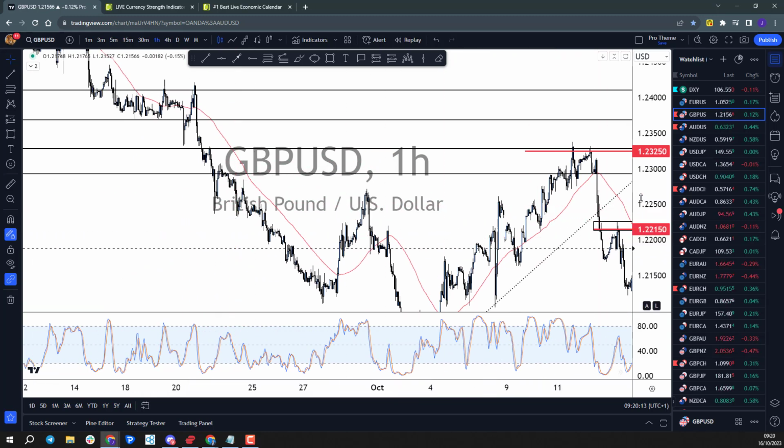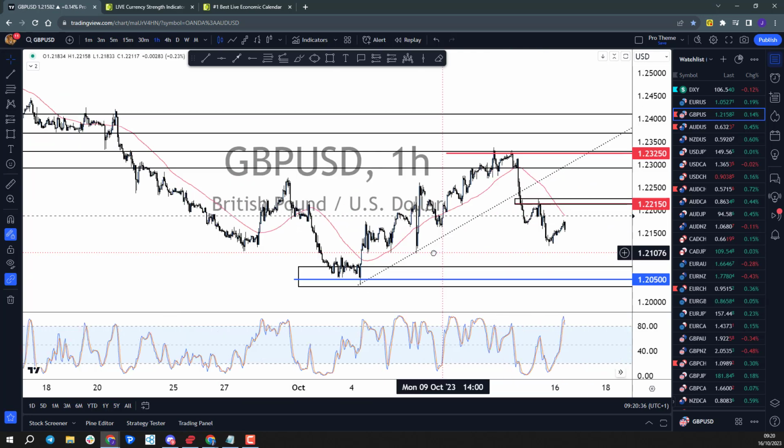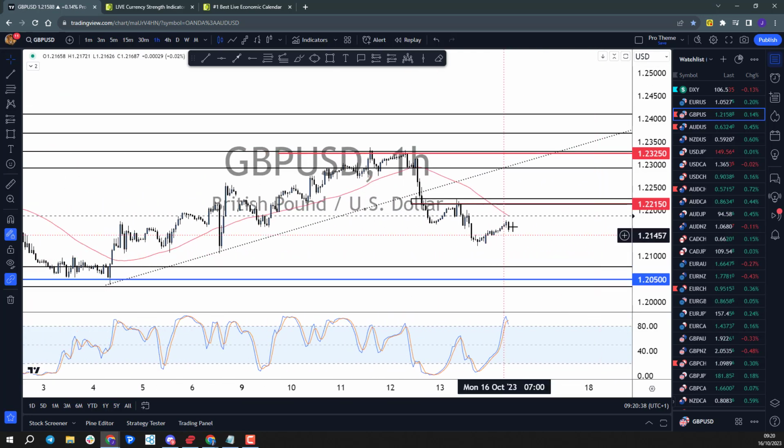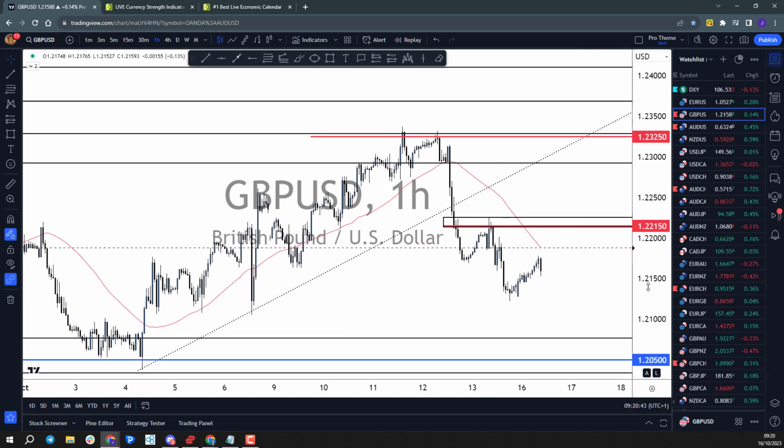If we just have a little look back recently, when we do see price break below the averages, let's say we had the consolidation here, we break below, price can remain bearish until we break above it, and then when we break back below it, it can offer us some bearish moves again. Break back above, price tends to move higher, and we're below it at the moment. So I want to be looking for those bearish opportunities on cable, as long as we can stay below that 50 SMA, if that makes sense.